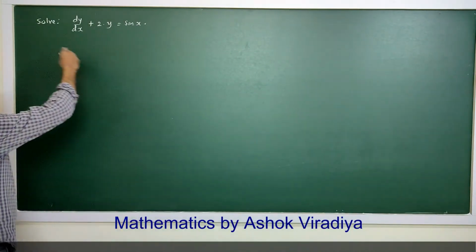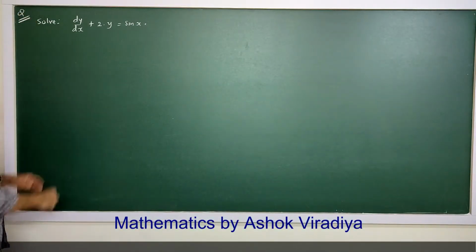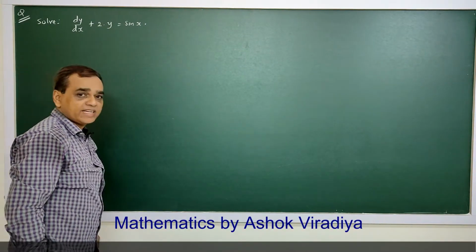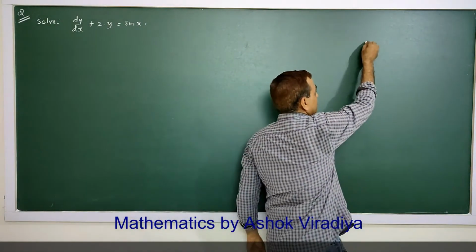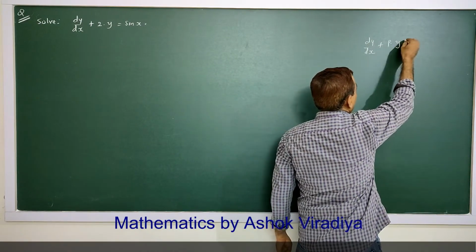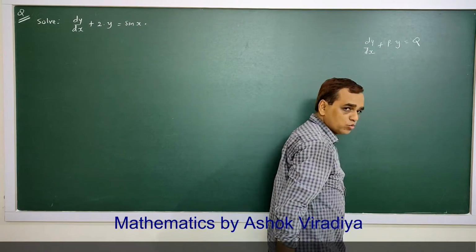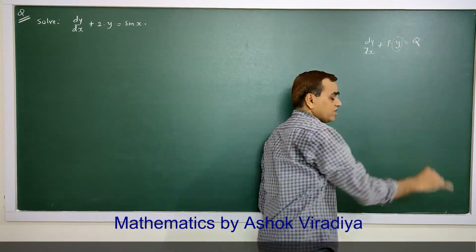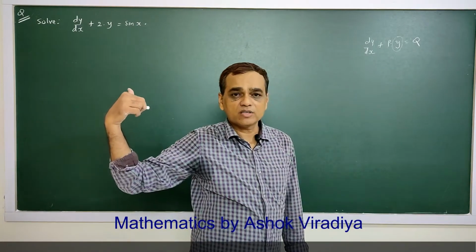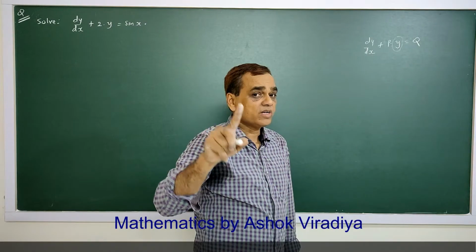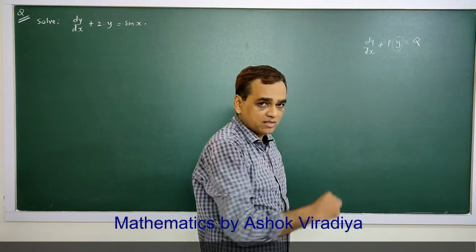Now to solve this question, dy by dx plus 2 into y is equal to sin x, say it is of this form, dy by dx plus p into y is equal to q, when there is only y in the equation, no y square, no y cube, only y raised to 1.